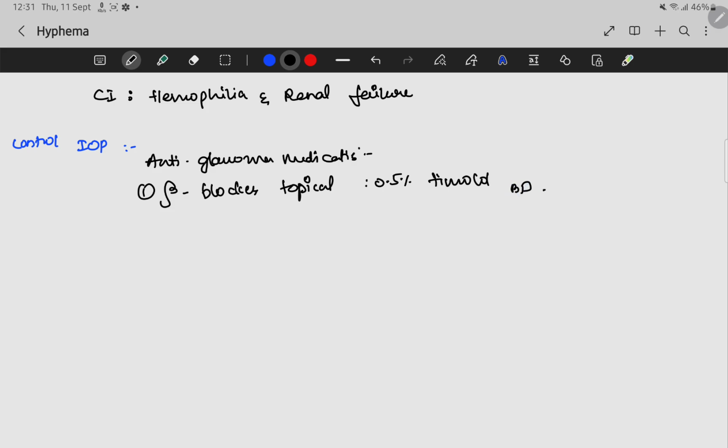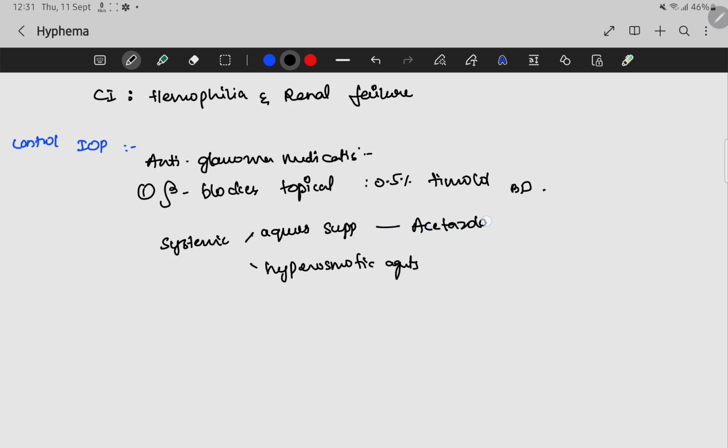Then we can give systemic drugs. We have aqueous suppressants and hyperosmotic agents. We have acetazolamide. These are carbonic anhydrase inhibitors, can be given 5 mg per kg, that is 250 mg QID.